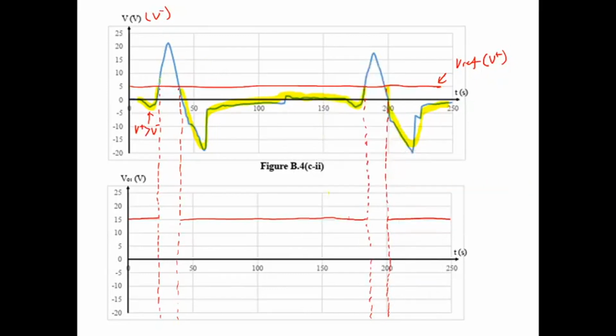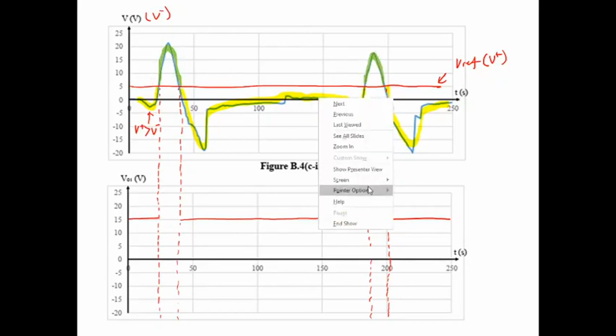In this region, V minus is larger than V plus, or V plus is lesser than V minus. This point as well. So in this time region, V out will give you minus VCC, which is minus 15.